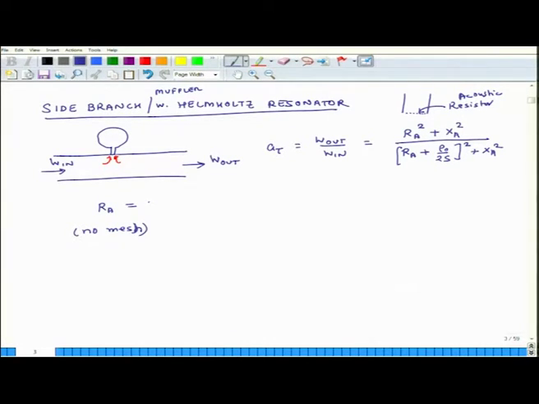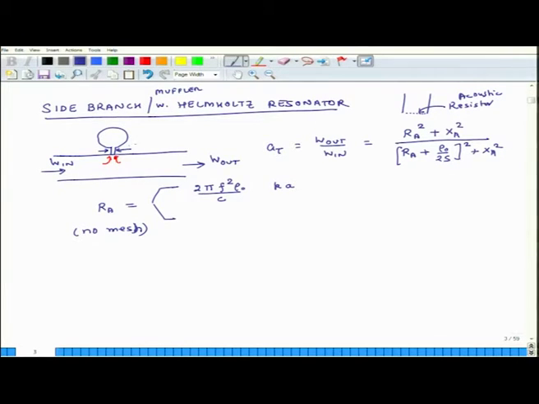then RA we had defined earlier, and there were two possible relations for that. So, RA, which is the acoustic resistance, is equal to 2 pi times frequency times rho naught divided by C, when wave number times A, and what is A?